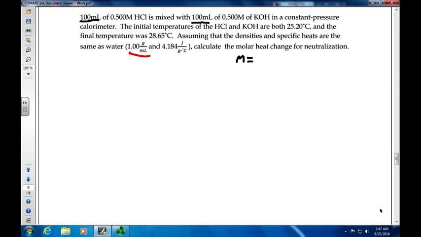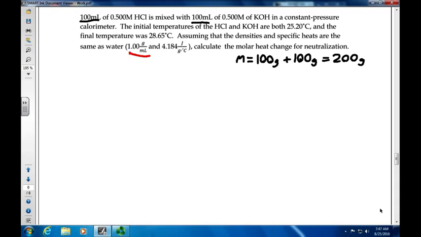So we can easily say that there's 100 grams of acid and 100 grams of base, which means our total mass is 200 grams. That's the first thing I want to do.